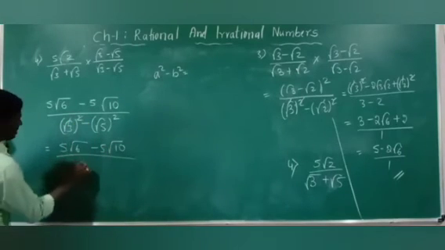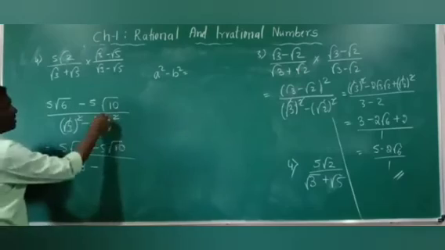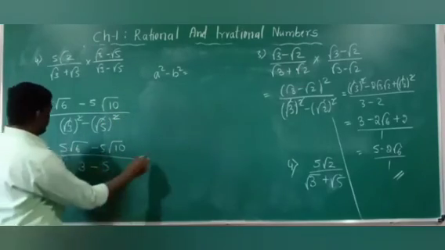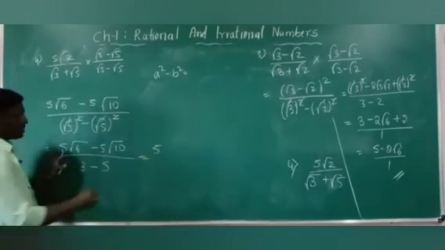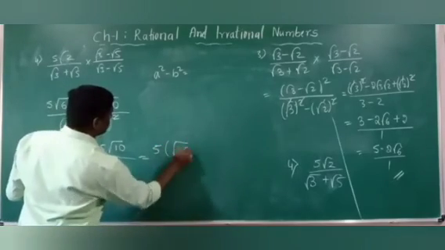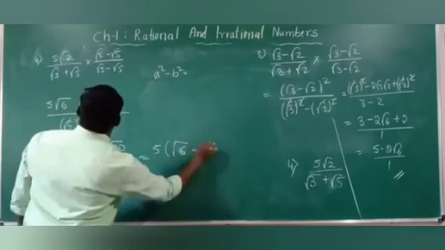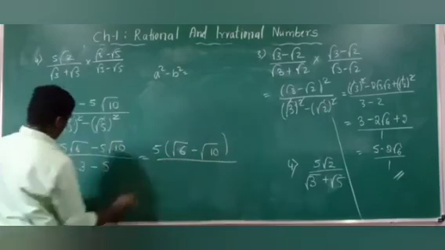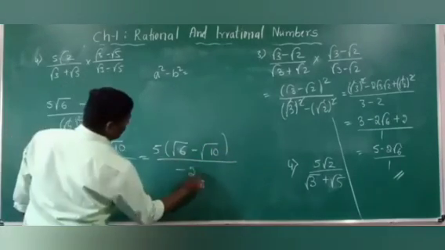Square and root get cancelled, remaining 3 minus 5. Therefore for the final answer, we take 5 as common: 5 into root 6 minus root 10, divided by 3 minus 5, which is minus 2.